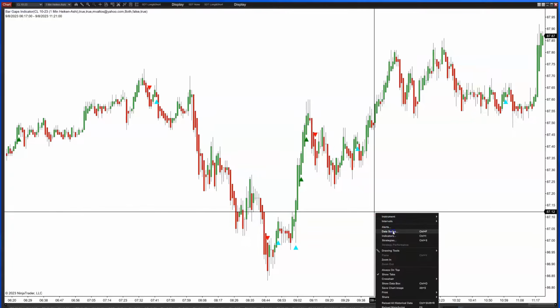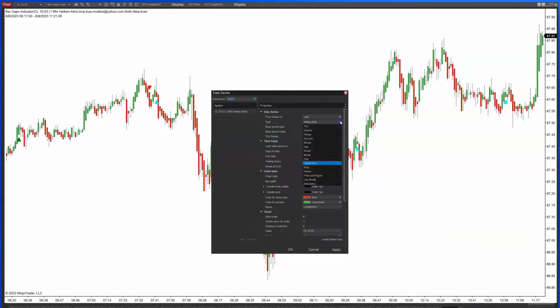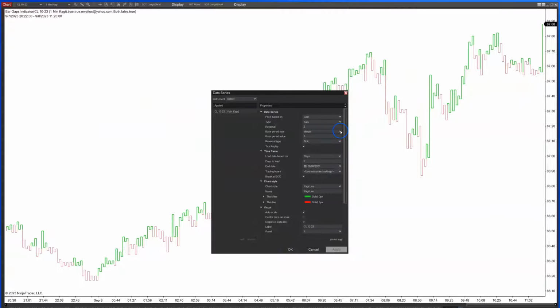Let's go back to the different chart types. They don't even have a simple bar chart here, but I don't get involved with things like Kagi charts, things like that. I mean, you can if you want. Point and figure, line break, obviously the volumetric, which is a form of a footprint chart. It's the NinjaTrader version.